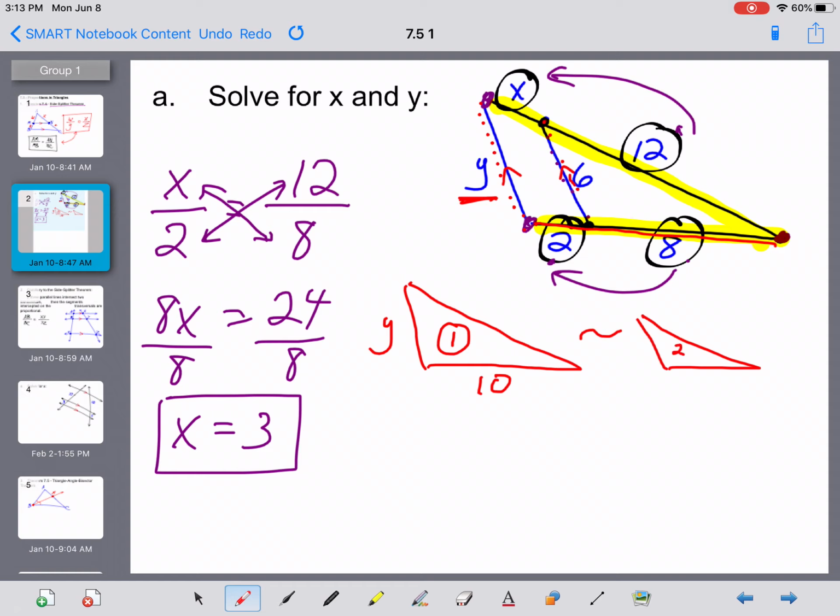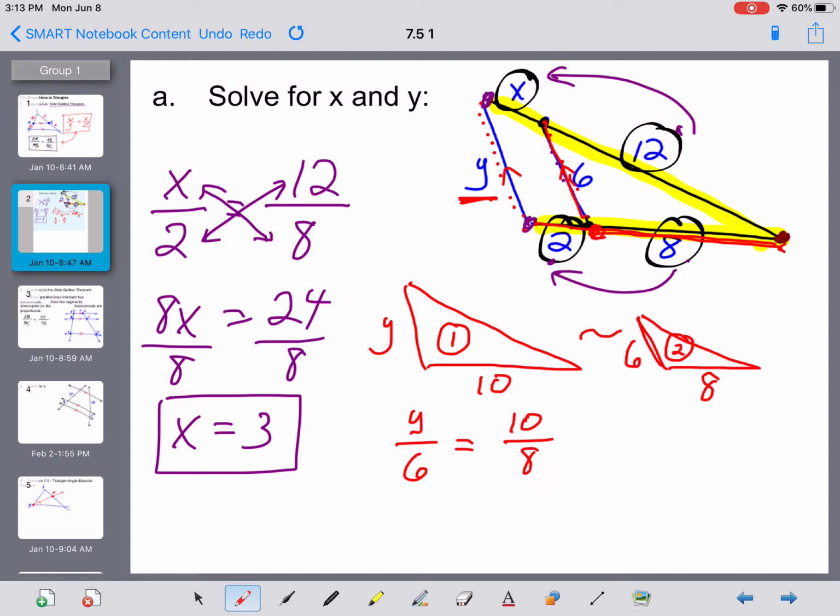In triangle number 2 here, this smaller one, the left side, which is this piece right here, has a length of 6, and the bottom side, which goes from here to here, has a length of 8. And once you set up the problem like this, it looks just like a problem that we did in 7.3, and here we go. The y on the left would correspond with the 6 on the right. The 10 on the left corresponds to the 8 on the bottom.